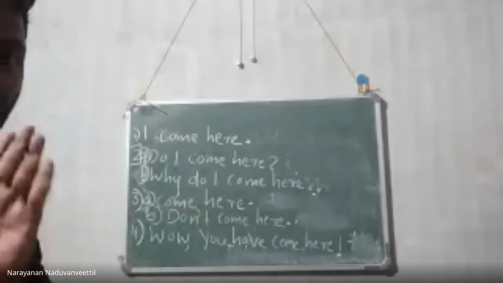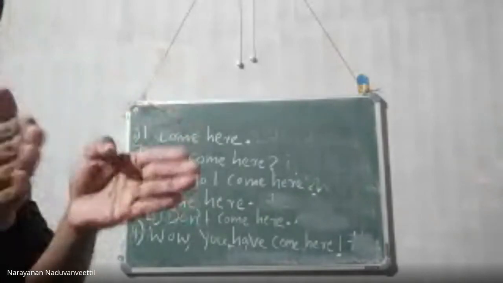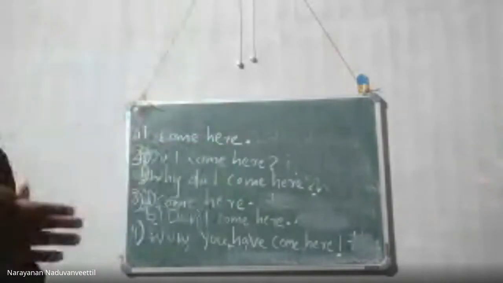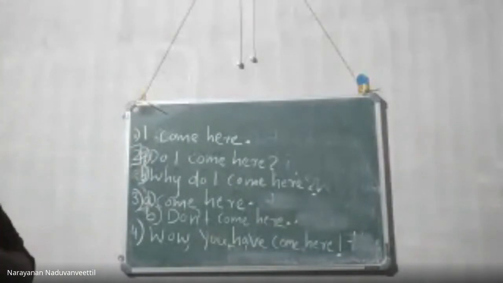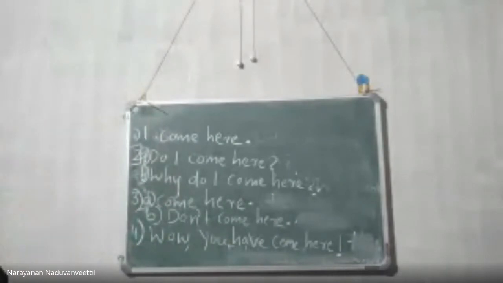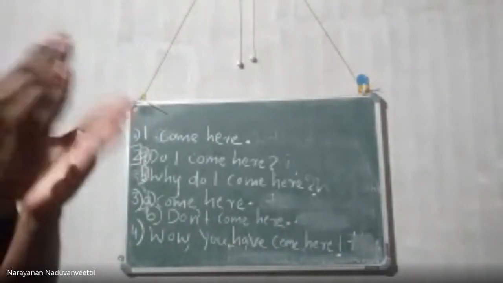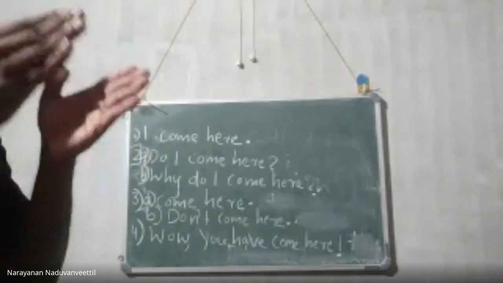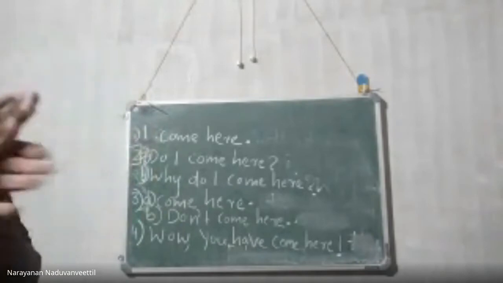I shall send the note. Don't worry. Now I am just introducing what changes happen in the pronoun case. I will send the detailed note. Okay. Us changes to them. These are all first person and second person pronouns.